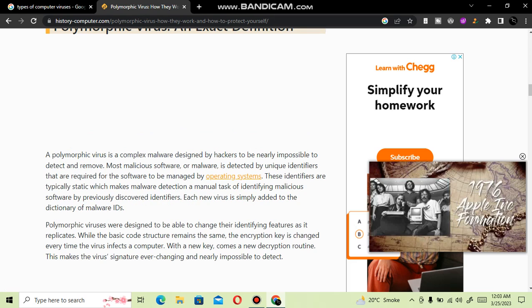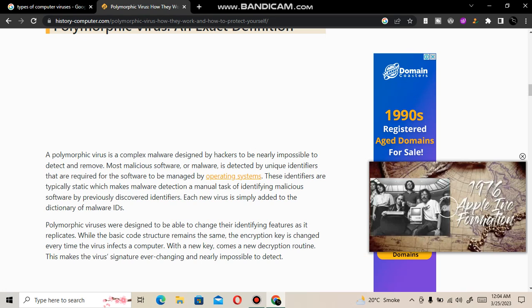Polymorphic viruses were designed to be able to change their identifying features as they replicate, while the basic code structure remains the same. The encryption key is changed every time the virus infects a computer. With the new key comes a new decryption routine.